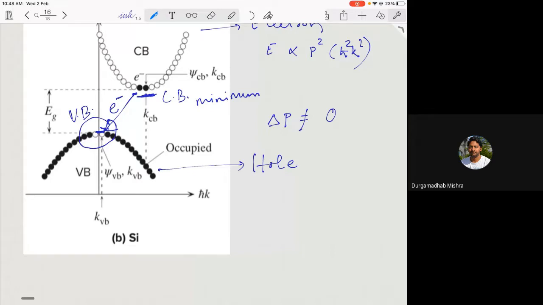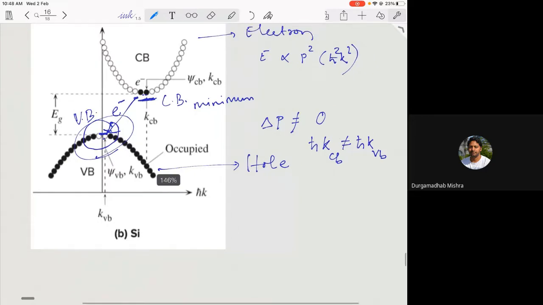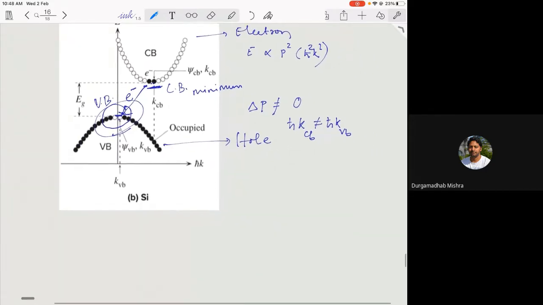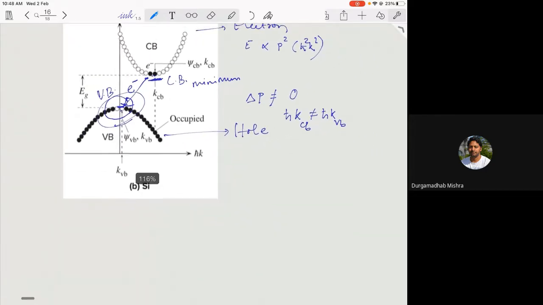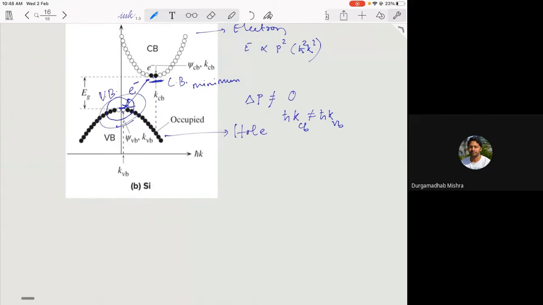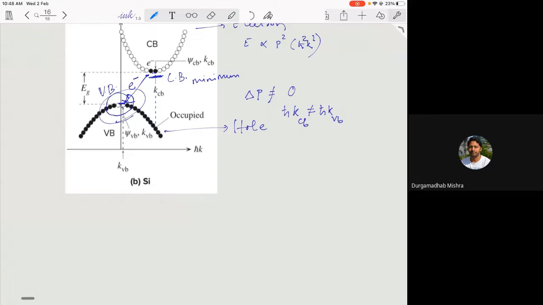That means h cross k_CB is not equal to h cross k_VB, because the electron has a momentum of h cross k_CB here, but when it comes to this point, the momentum is h cross k_VB, and the momentum state is different. So the momentum is not conserved, and therefore this process normally cannot happen. This recombination process will be a forbidden one. However, there is definitely recombination taking place.